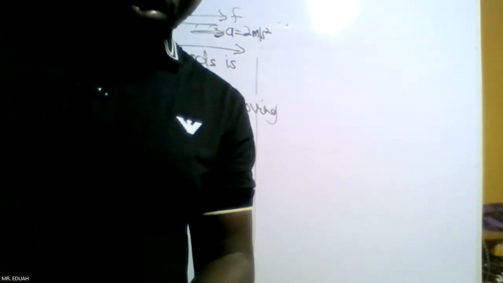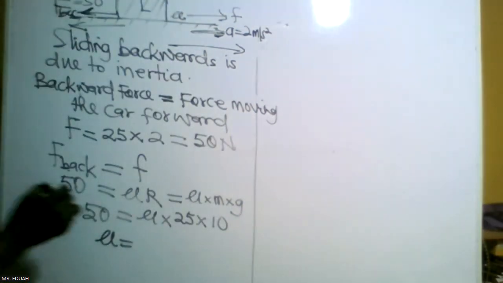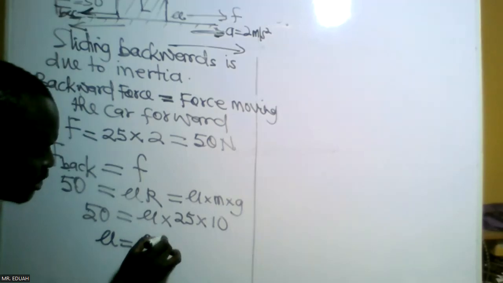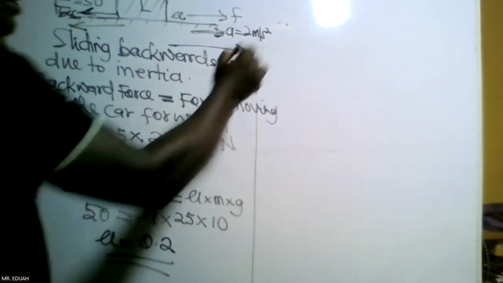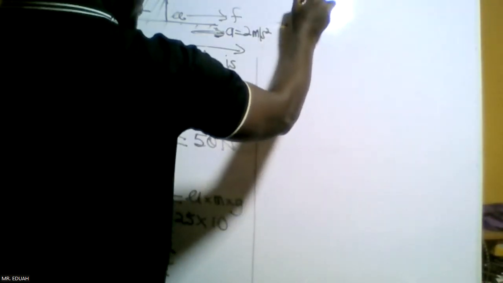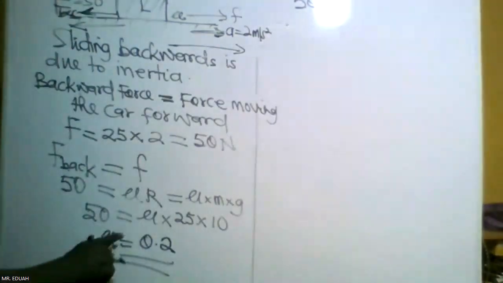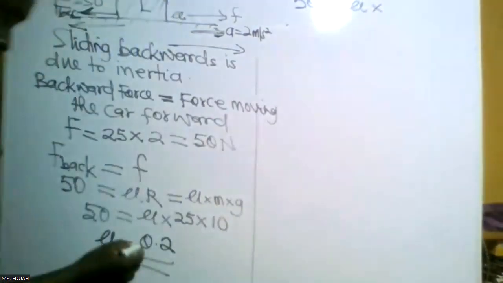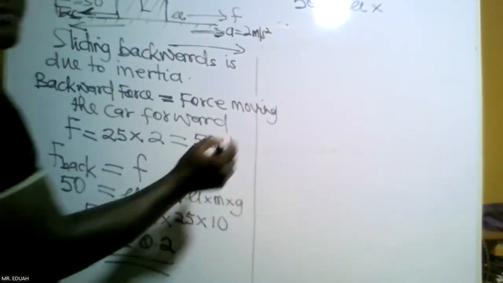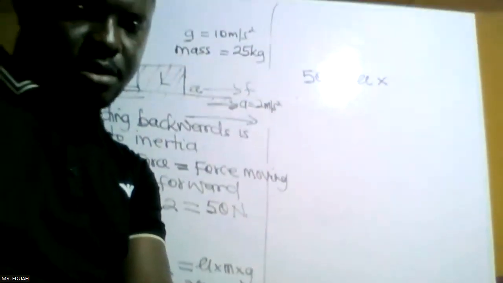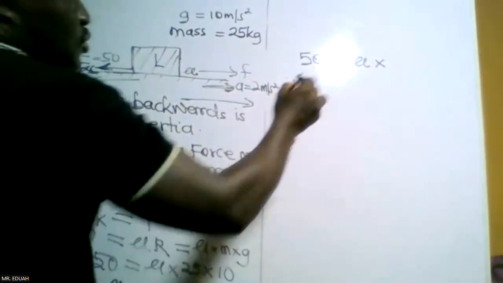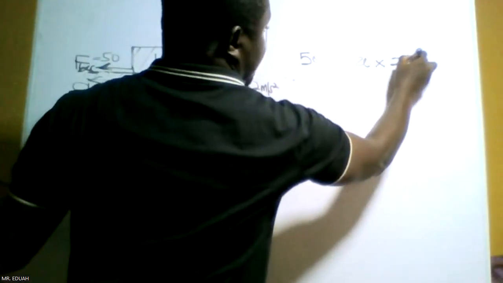0.2. Okay, so mu is equal to 0.2, and this is the answer. Here we have 50 is equal to mu times 250.